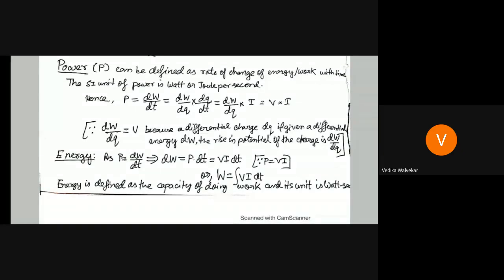So I'm getting energy or work as the integration of VI into dt. Energy is defined as the capacity of doing work, and unit is given by watt second. Okay. So we just noted that P equals VI. So in place of VI, we can put P also. So W, or energy, is basically equal to integration of power into dt or integration of VI dt.